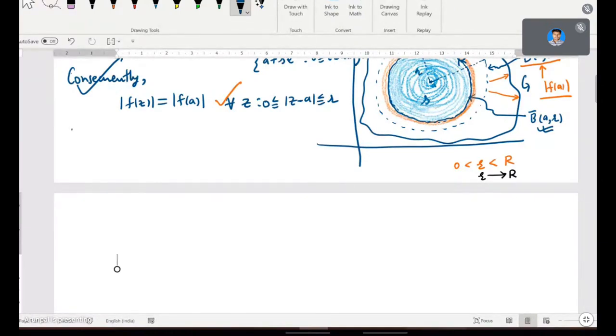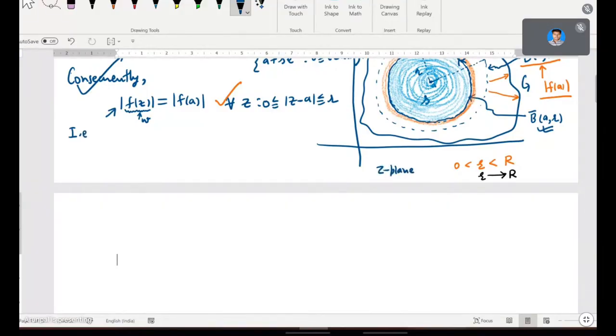So class, you see a beautiful interpretation of this expression. Class, these are images of z under f. Usually we denote images by w. Images are usually in the w plane, right class? Yes, sir. Suppose this is the z plane.